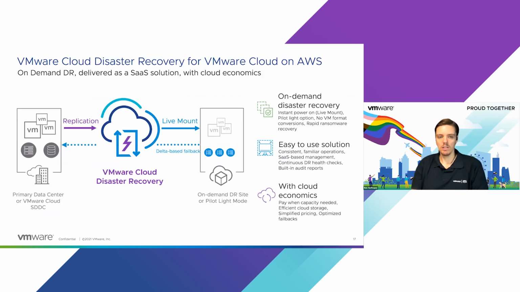Right. So I believe it was this year we introduced VCDR, or VMware Cloud Disaster Recovery, for VMware Cloud on AWS. Basically, this is an on-demand service you can leverage, where you can have a sort of standby, and in case of an emergency, you can instantiate a full SDDC on the go, or use an existing SDDC if you have one, to have your VMs powered on in the SDDC. It is replicating constantly. It is a very fast and reliable service.